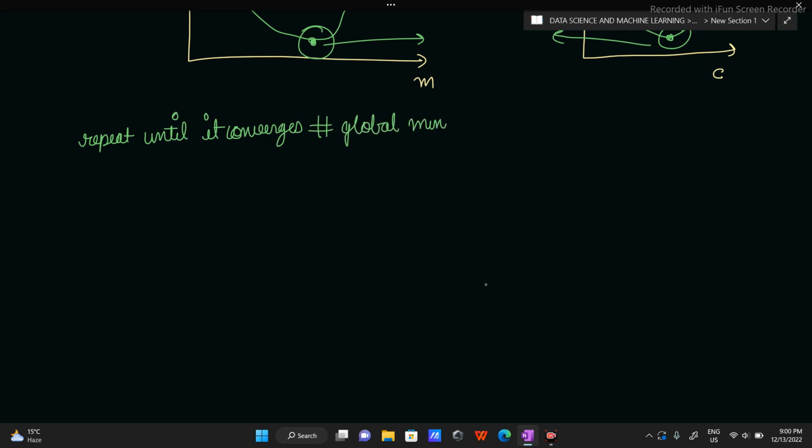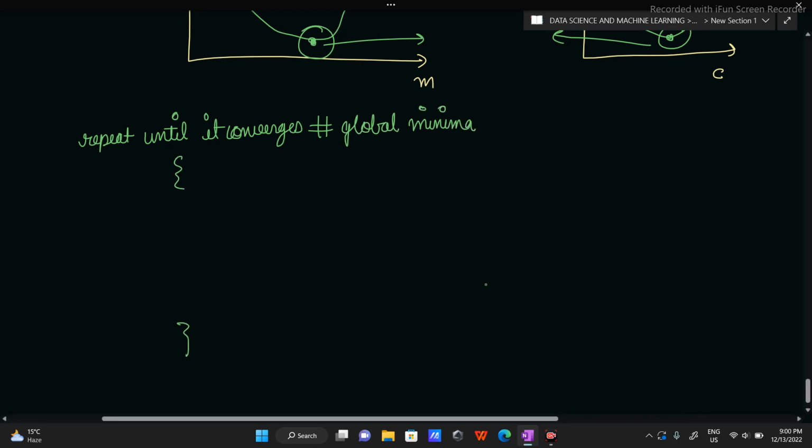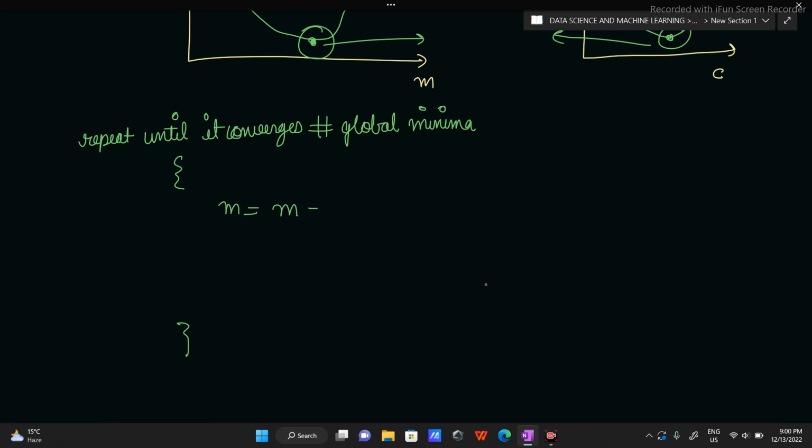Okay, what I'll do is update my m to be m minus the summation from i equal to 0 to n. What is n? n is the number of training examples I have in that set, and then y hat minus y whole square.